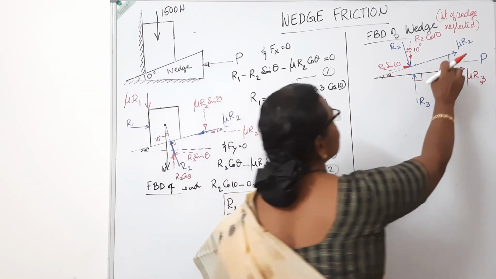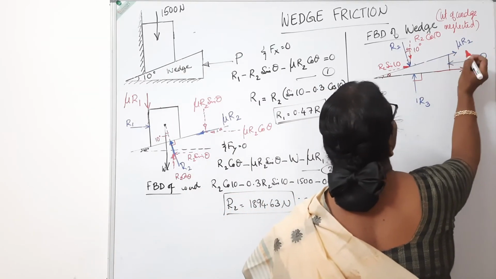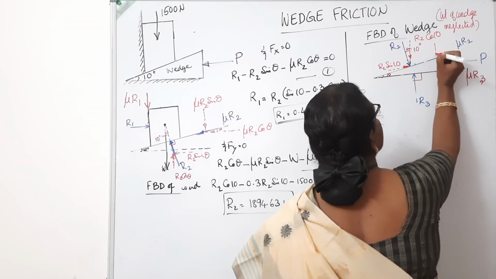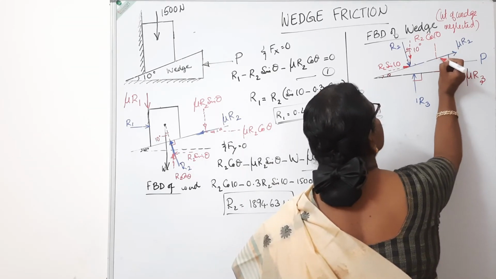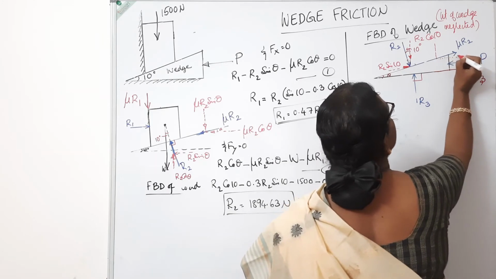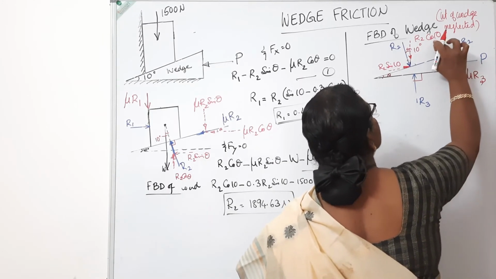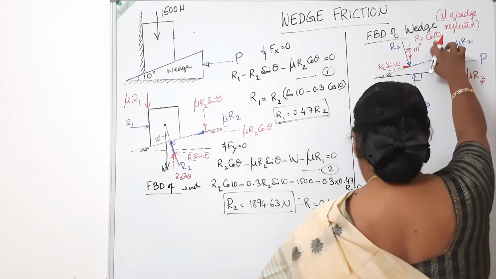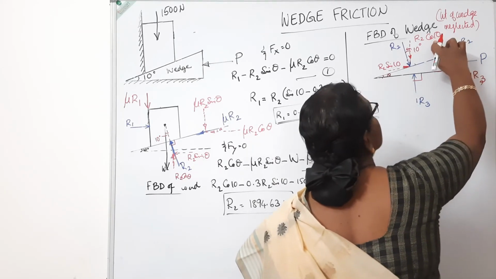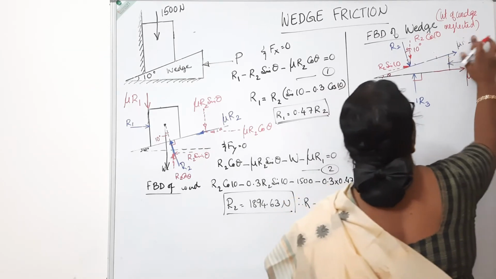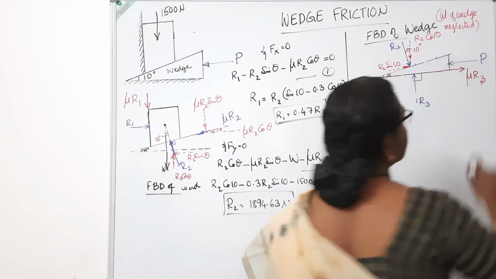Similarly, you resolve this mu R2 into two components. I will draw it in this direction and extend this to make it more clear.